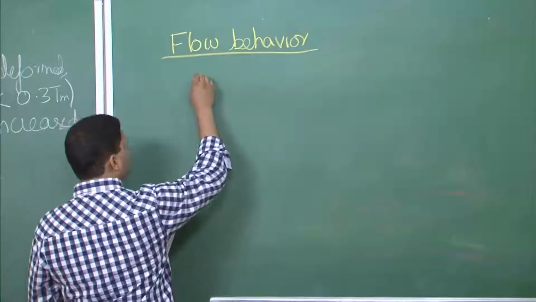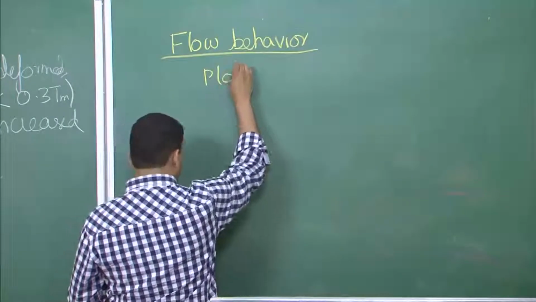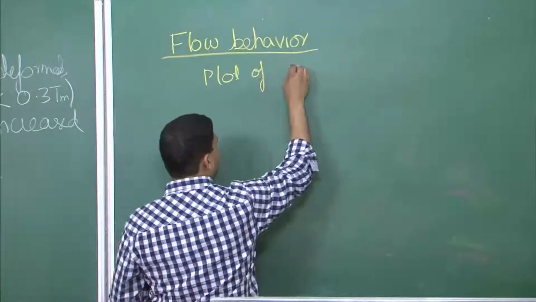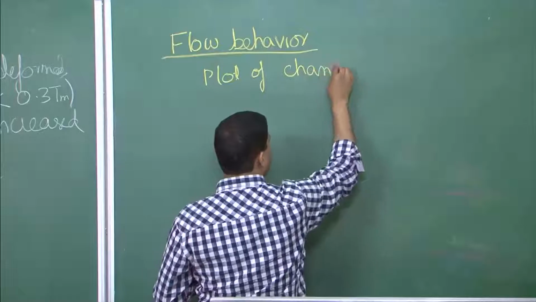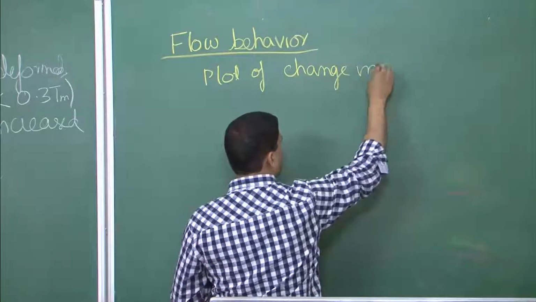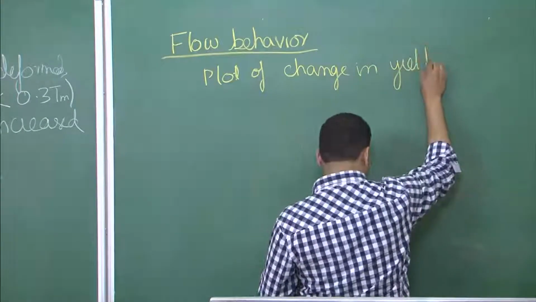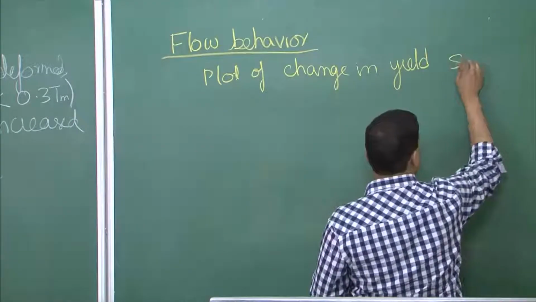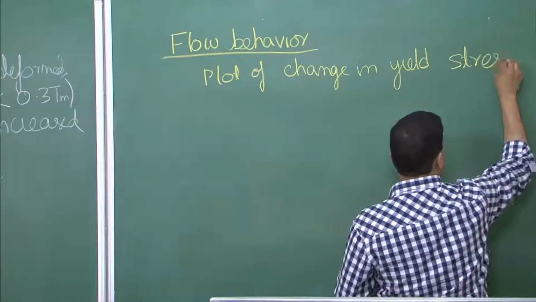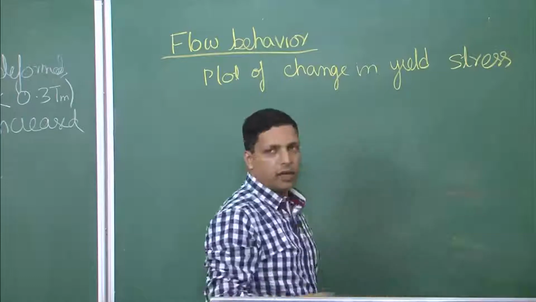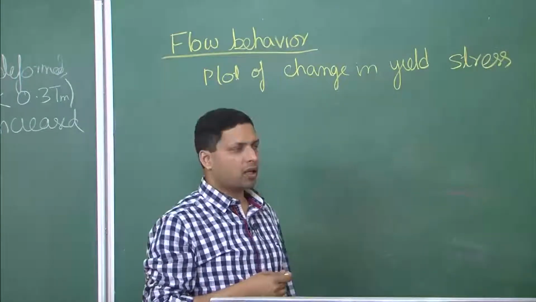What it is basically is a plot of change in yield stress. So, you saw that the yield stress is increasing. The fact that the yield stress increases is called work hardening.